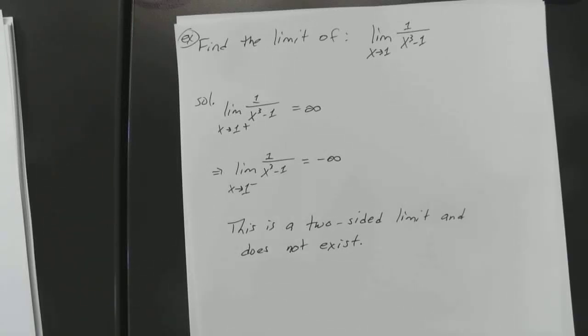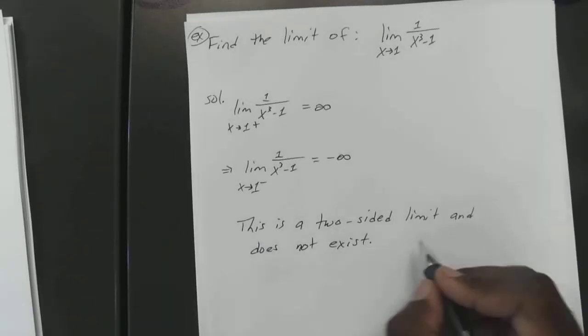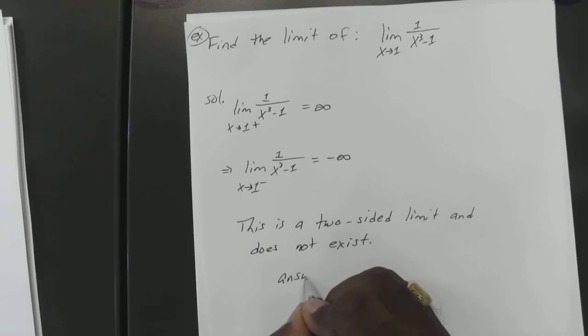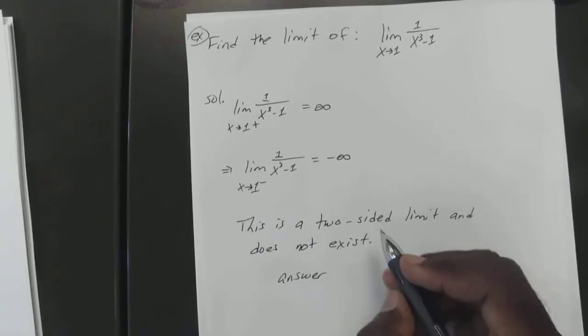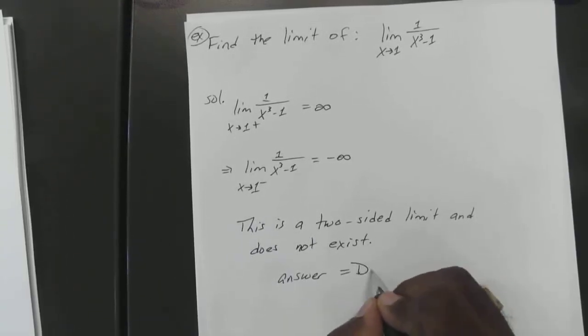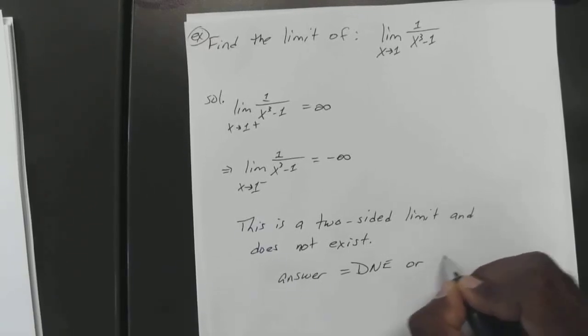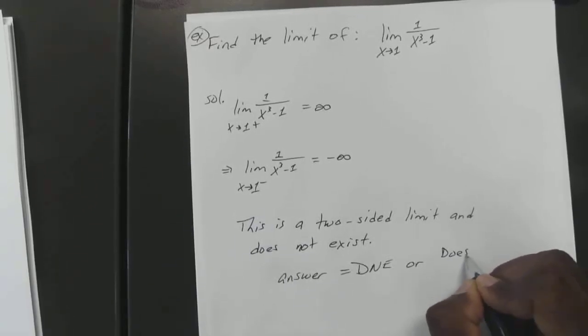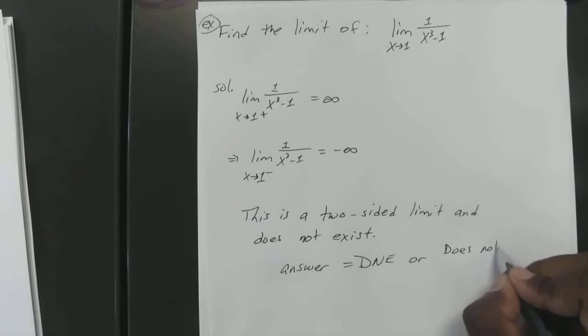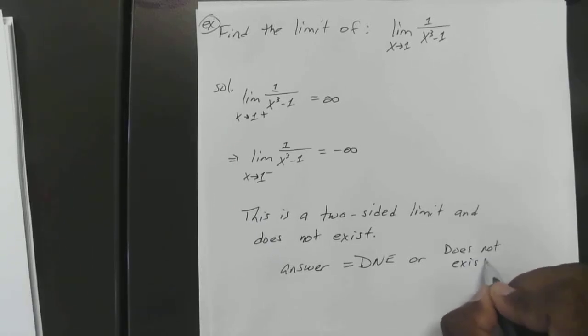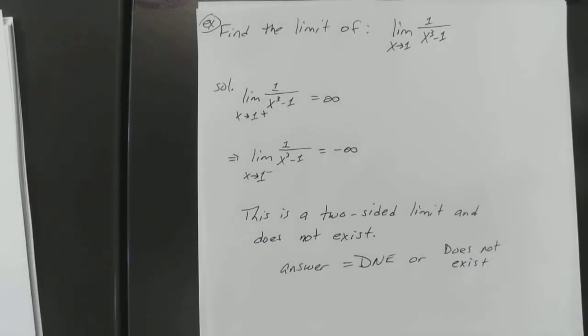Because it's a two-sided limit, the answer would be both of them, or the answer would be does not exist? Yep, does not exist. That's what I was curious about. Most of the time you'll just see D and E or does not exist. Let me see which one they have that listed as.